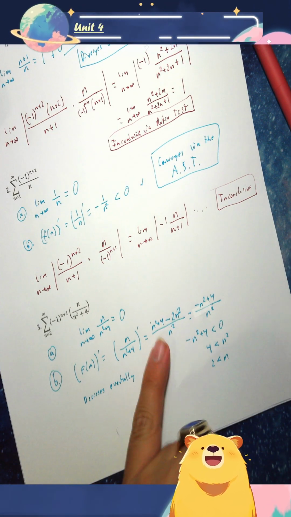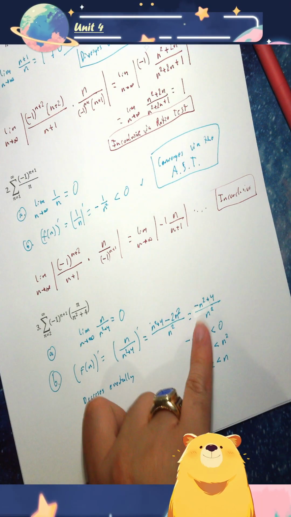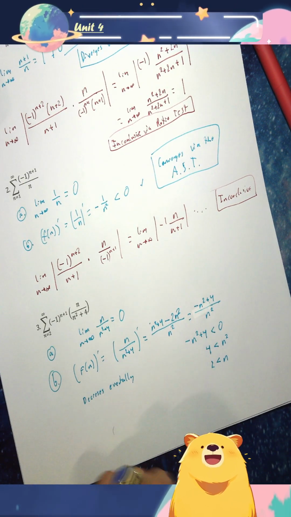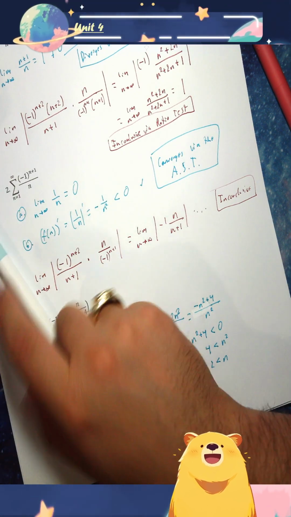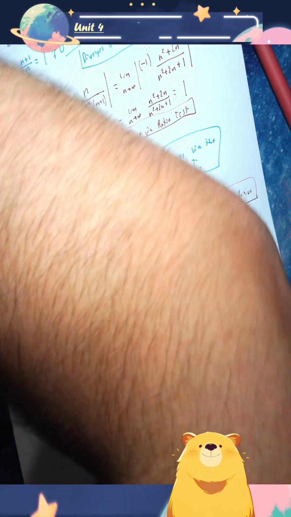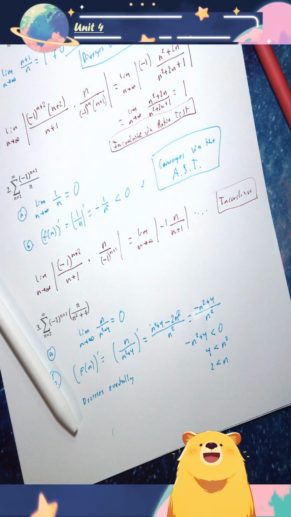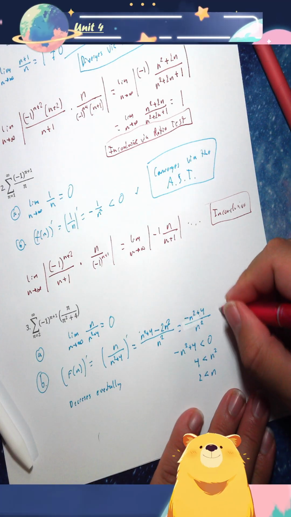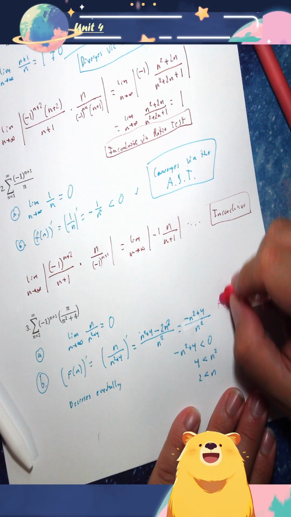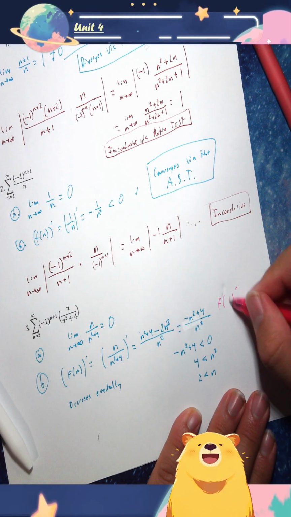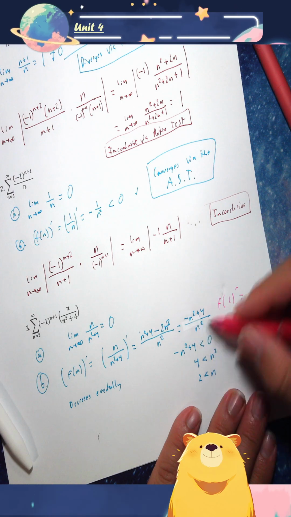In fact, if we want to know the slope at n is 1 and n is 2, I'm going to do this on the side because it technically doesn't matter. It's just doubling down on the logic. F prime of 1, what is that equal to?